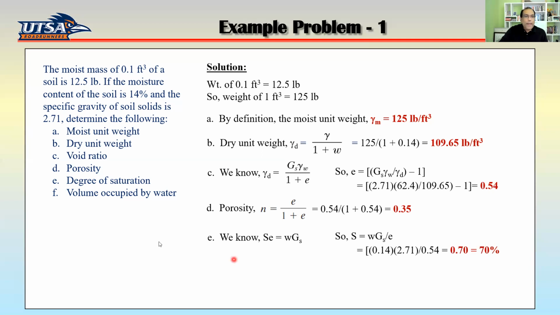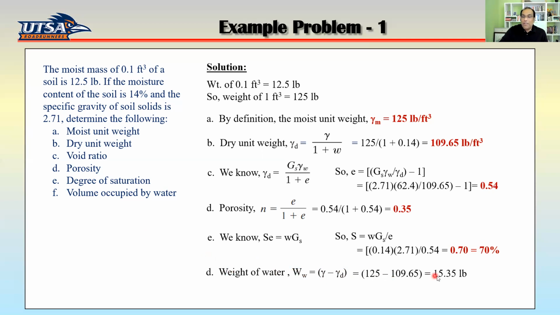Okay. Now the volume occupied by water. The weight of water is basically gamma moist minus gamma d, right? That's the weight of water, because this is the weight of solid, and this is the total weight. If you subtract, you get the weight of water per feet cube of soil.